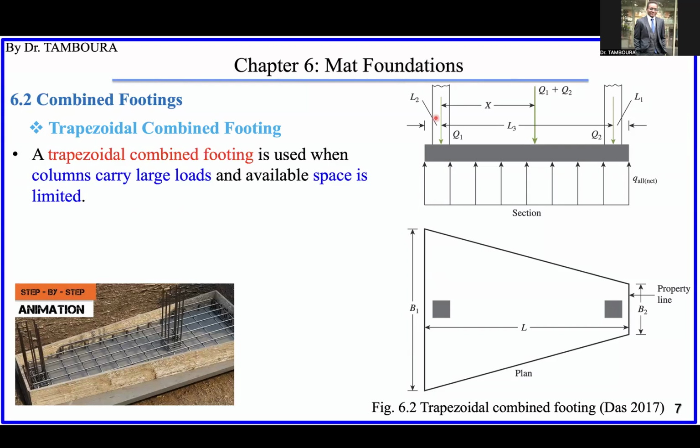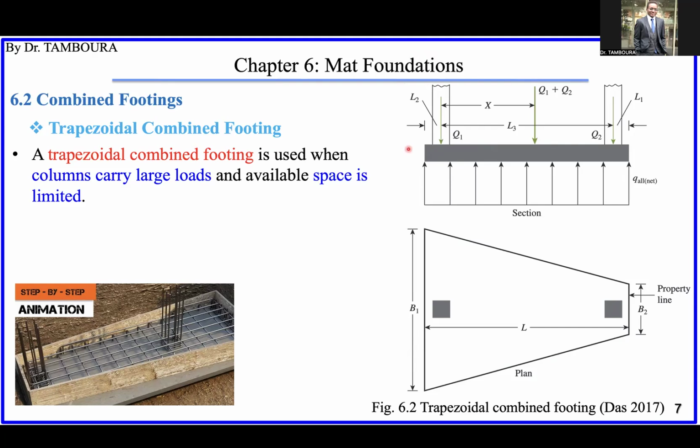So this trapezoidal combined footing is used when the columns carry large load and the space is not enough. You have very large load coming on both, but the space is not enough.